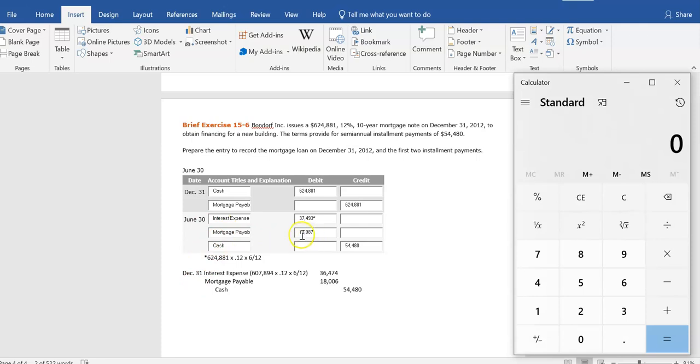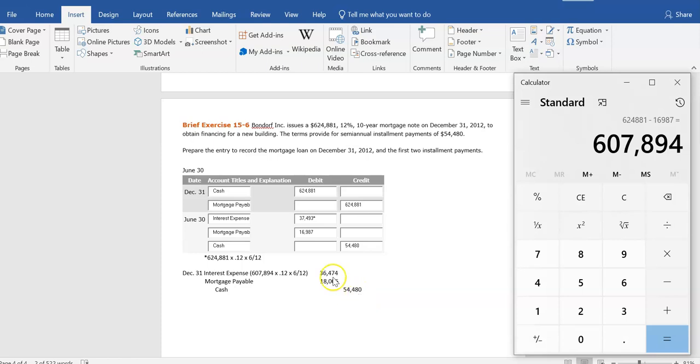Remember, in June, we decreased the liability $16,987. So the liability was $624,881, and we paid off $16,987. So the amount of debt that we've had since the last mortgage payment is $607,894. We will use the $607,894, multiply it by the interest rate on the debt for half of a year.